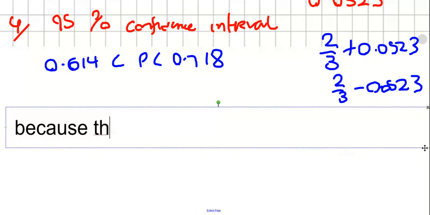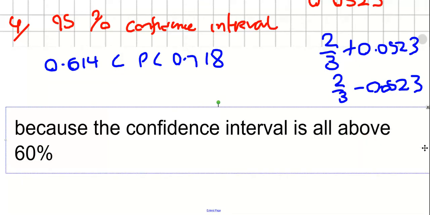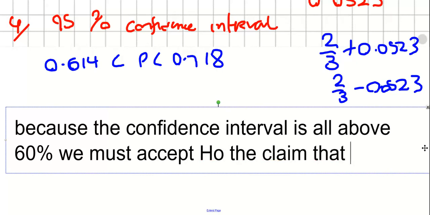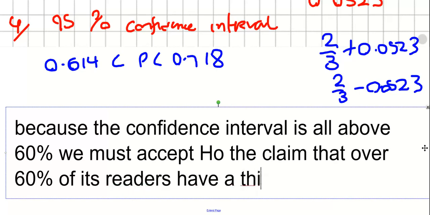Because the confidence interval is all above 60%, we must accept H0, the claim that over 60% of its readers have a third level degree. Is that all right?